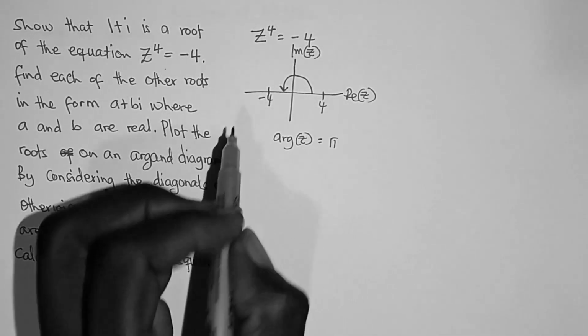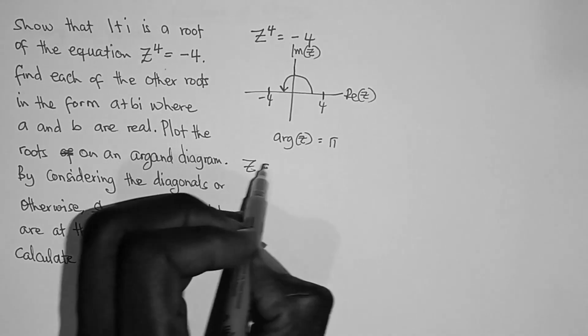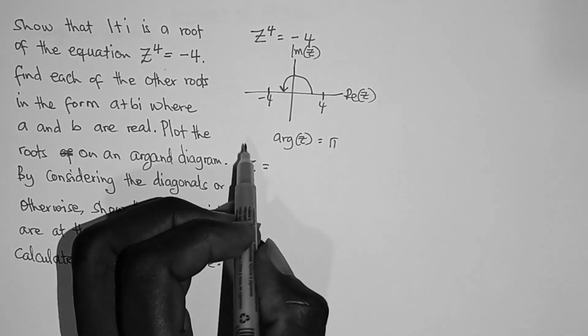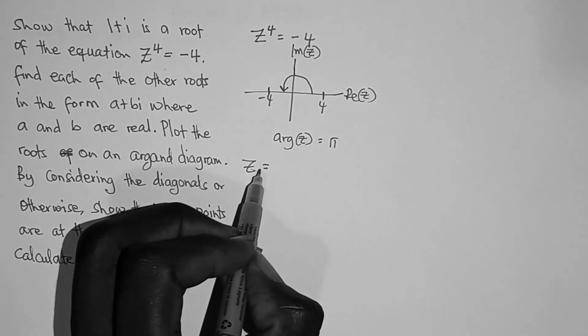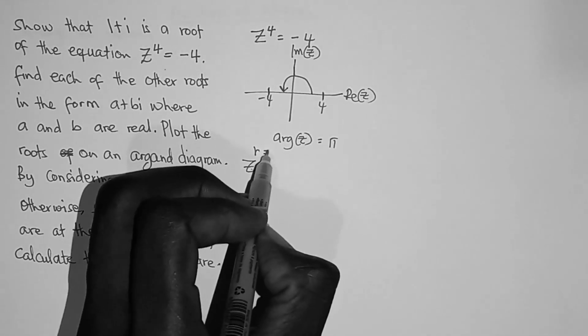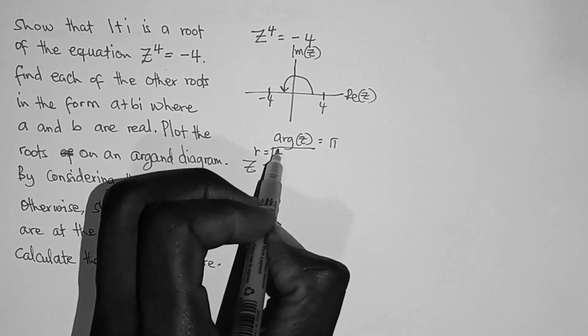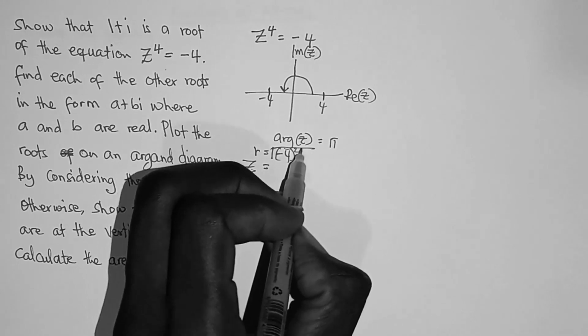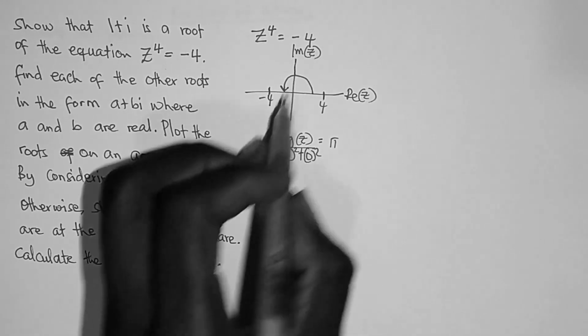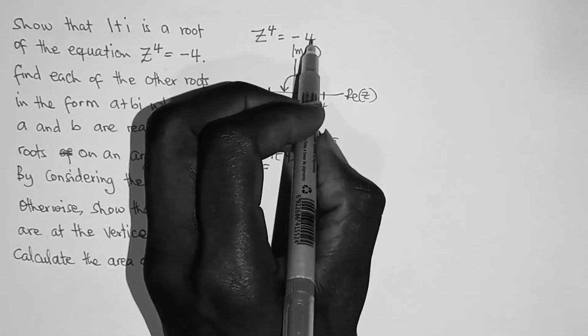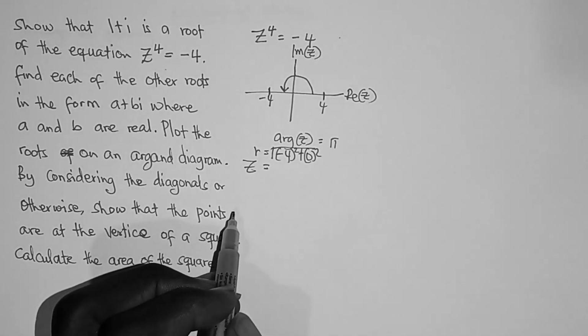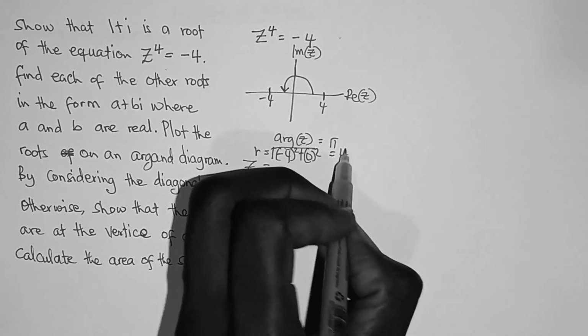So therefore, z in terms of a complex number is r. Let's find r. R is equal to the square root of minus 4 squared plus 0 squared, because this can also be written as minus 4 plus 0i, and this is equal to 4.